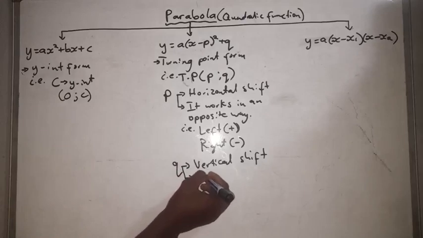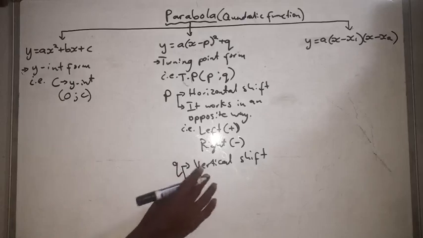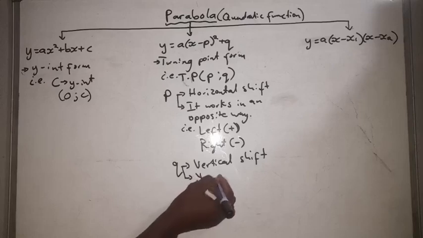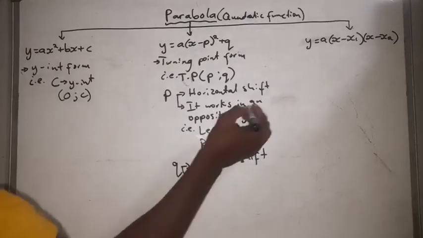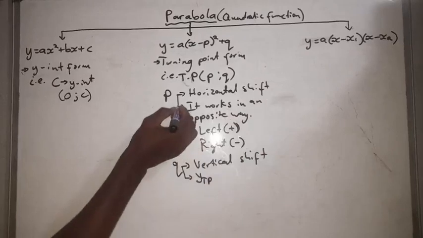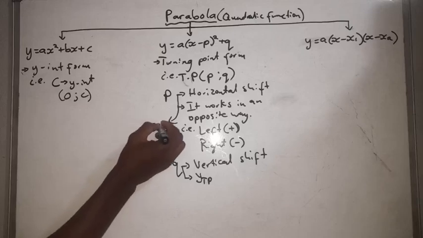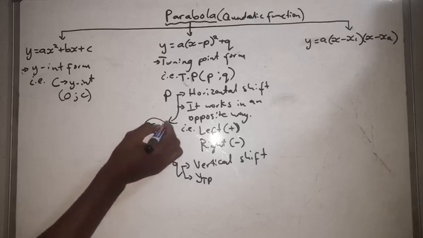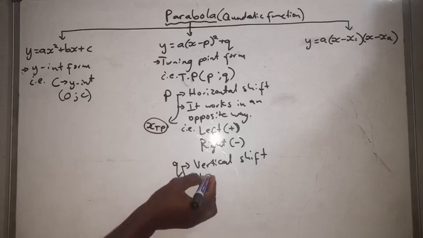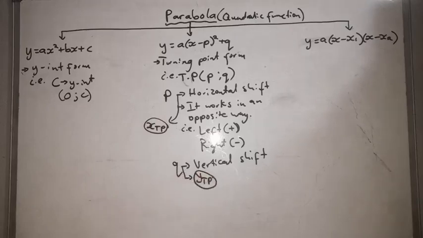Also, the y coordinate, let me call it yTP. By the way, I'm out of space here, so I will just put it over here. P also tells us the xTP, which means the x coordinate of the turning point. Q will tell us the y coordinate of the turning point.